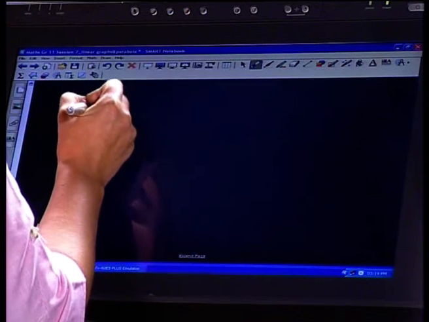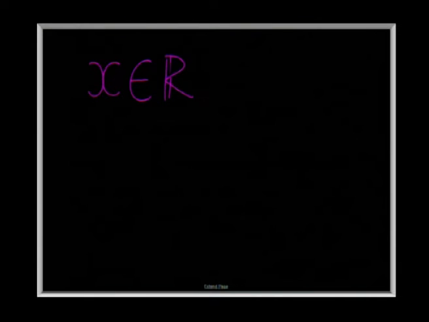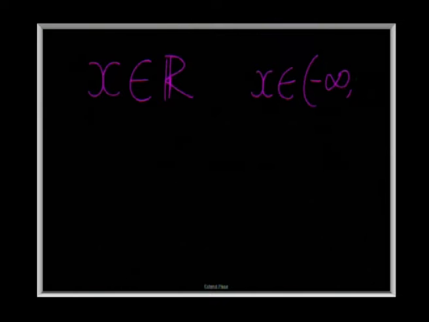We write this down using fancy symbols: x is an element of any real number. Now you can also write this as x is between negative infinity and positive infinity, but I don't know why you would want to do it, because this is far easier to do. Now let's just label it, domain.